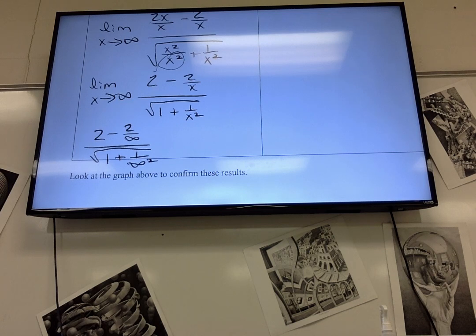Anything that has infinity on the bottom, if it's a constant over infinity, goes to 0. Okay, so then it's 2 over the square root of 1, which is just 2.